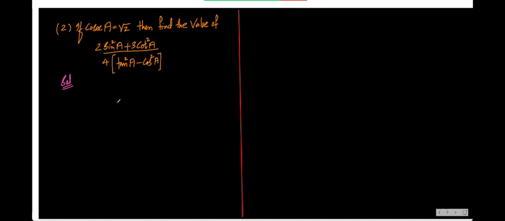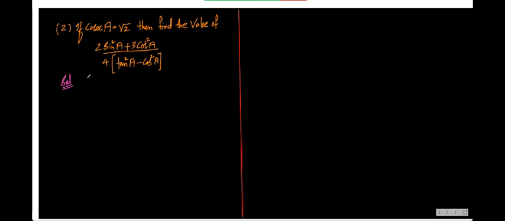Now look at the solution. One angle, cosecant A value, we can use this information and convert into another angle, sine value, cot value.